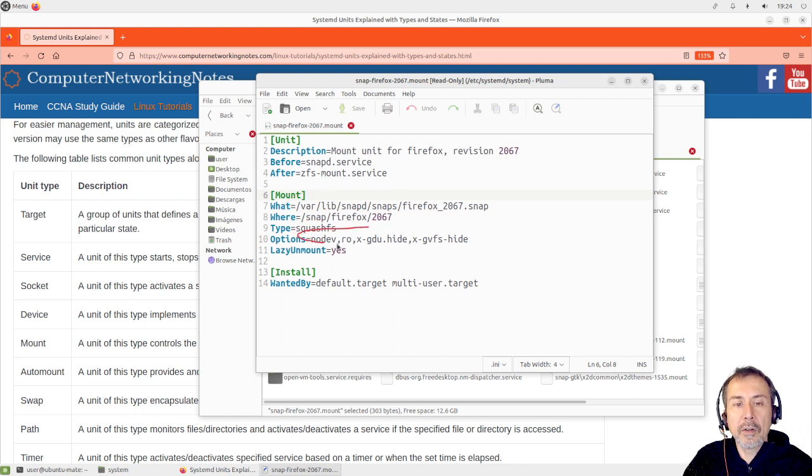The options are the same options that we use with mount, and the lazy mount is for allowing parallelization of mounting. If we create a mount unit, we don't need fstab. We don't need to mount things by hand. We can do it using units in systemd. We are not doing this in this course.